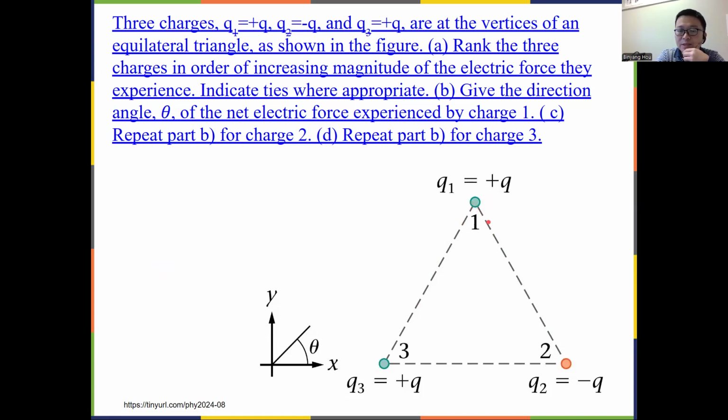So the force between the two will be attractive. So you should have a force from here, and it's going to point towards that one there. Draw an arrow here and then an arrow there. Okay. Not the prettiest one, but that's okay.